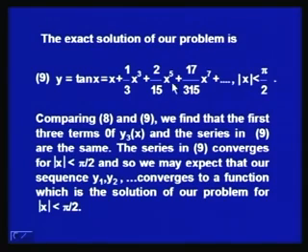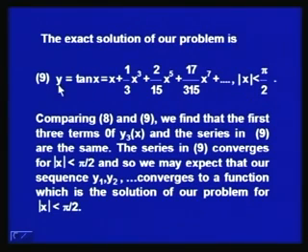and we know that the Maclaurin series expansion of tan x is x plus x cube by 3 plus 2 by 15 x to the power 5 plus 17 by 315 x to the power 7 and so on, which is valid in the region mod of x less than pi by 2, that is, the series converges in the interval minus pi by 2 less than x less than pi by 2.